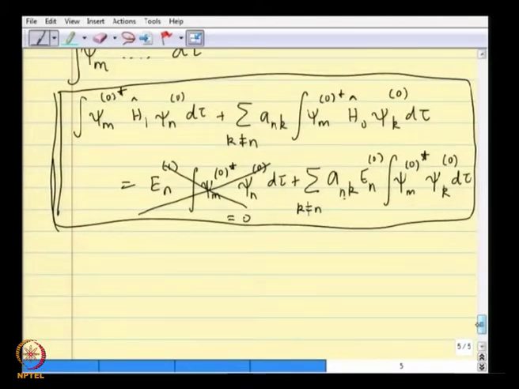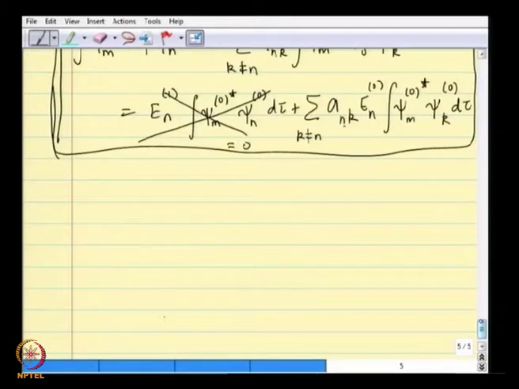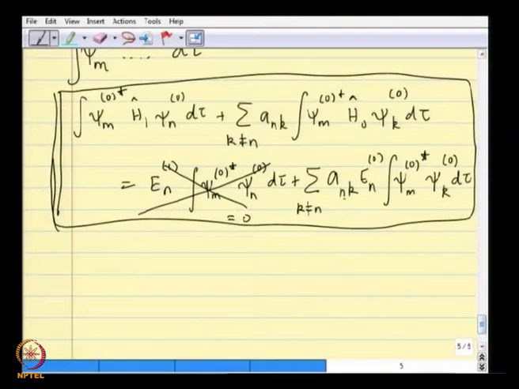This is the one that I left you with in the last lecture, namely the integral psi m0 star H1 psi n0 d tau plus the sum over k not equal to n of a term containing the coefficients a n k, which we now have to calculate, and on the right hand side the corresponding terms. Okay. So, let us now complete this task of calculating the coefficients a n k.